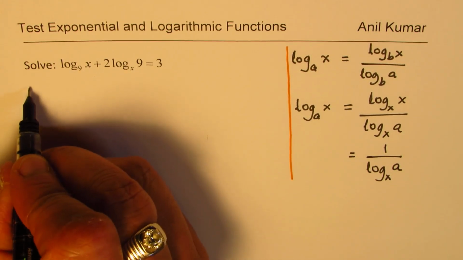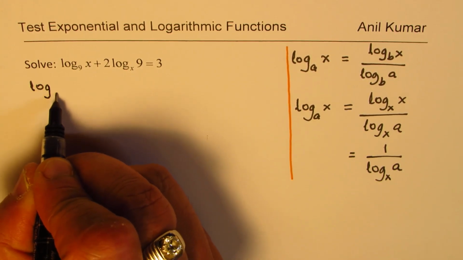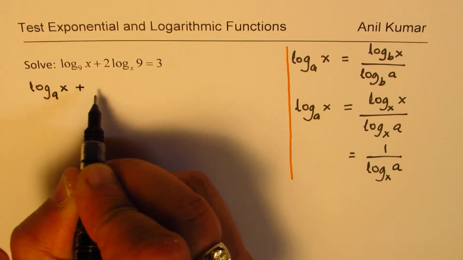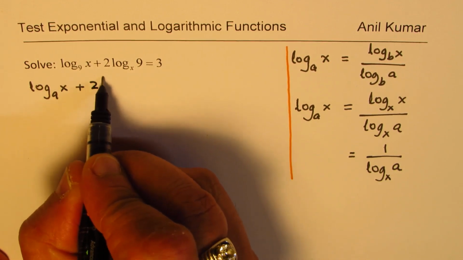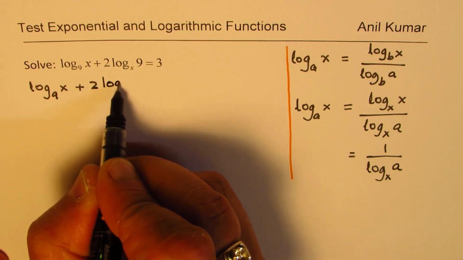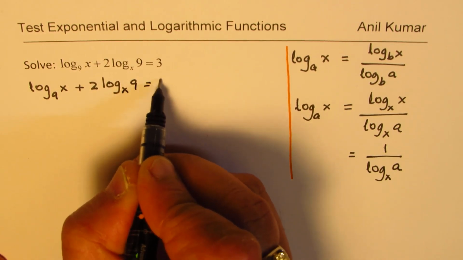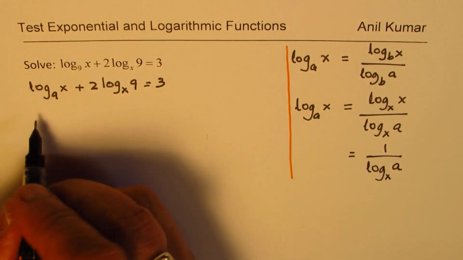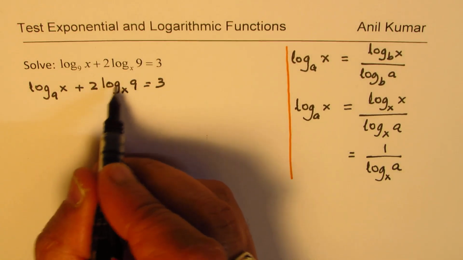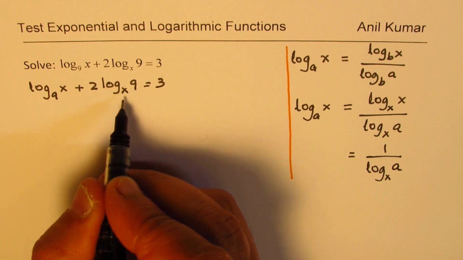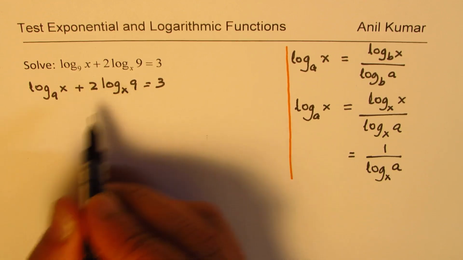So we could rewrite this equation as log to the base 9 of x plus 2 log, let me first copy the question as such, and then I will use what I taught you here. We'll change this second part as 1 over log to the base 9 of x.